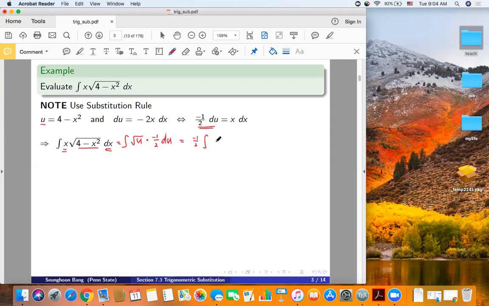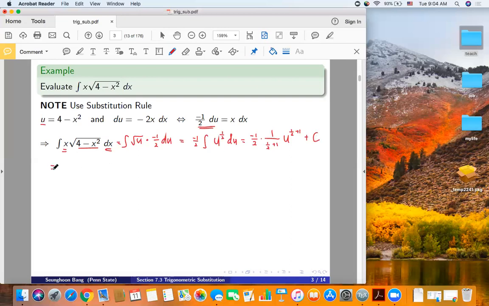In the integral, you can change square root of u to u to the power 1/2 du. Next, keep the coefficient minus 1/2. You can find the integral of u to the 1/2 by using the power rule: 1 over 2 plus 1 times u to the 1 over 2 plus 1, plus c.